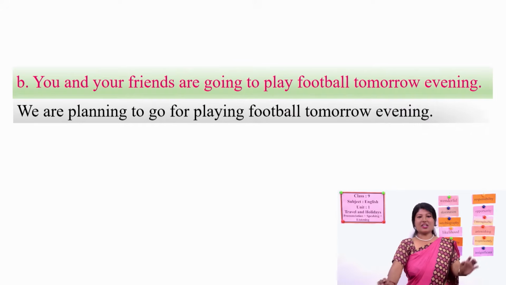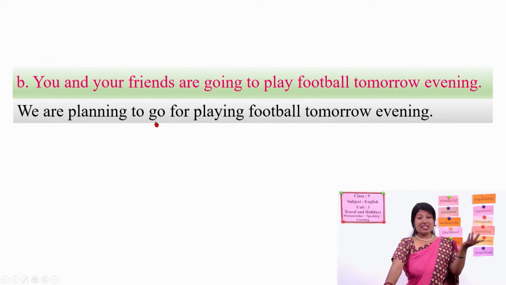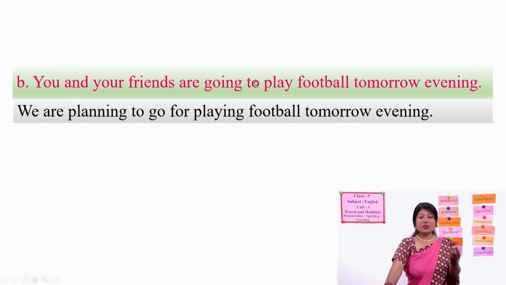Here, we means you and your friends. We are planning to go for playing football tomorrow evening. You can say that. We are intending to go. We are planning to go. We will go for, right? So you can express it in different ways, and you can practice this with your friends. Okay? Next.